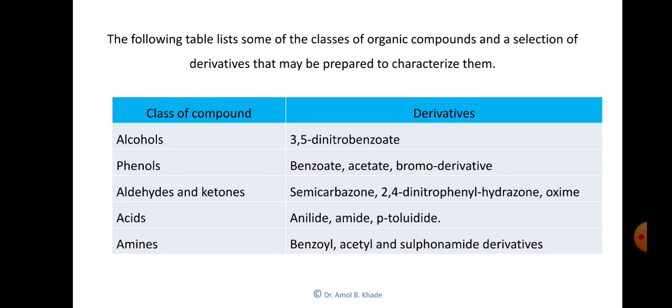Amines can be converted into benzoyl, acetyl, and sulfonamide derivatives. These are the solid derivatives of the corresponding classes of compounds. In today's session I will tell you some representative examples where you can convert the unknown compound into its suitable solid derivative, and then find out the melting point of those.